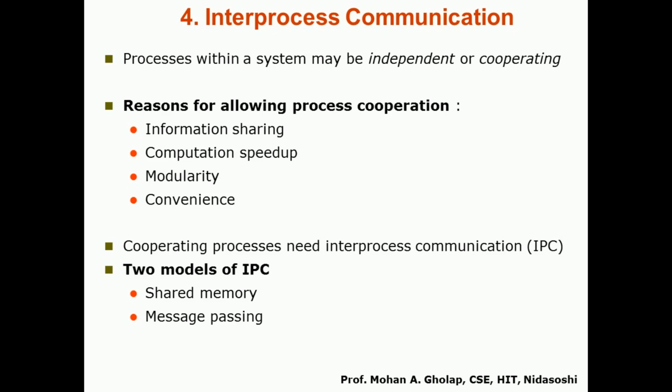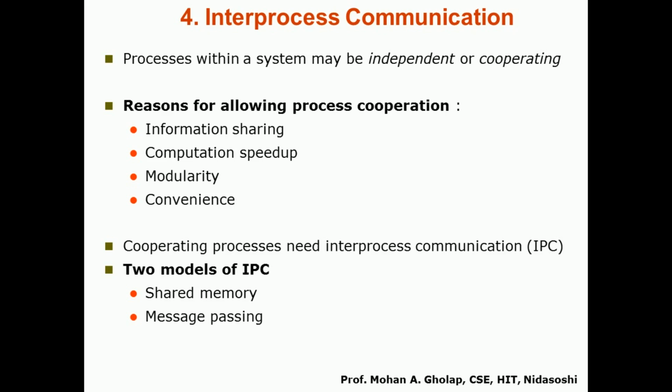The second one is computation speed up. What does it mean? We know that in order to perform a particular task or execute a program, you will have a process. But sometimes the process may take a long time, or require a lot of computational resources to complete the execution of some activity.